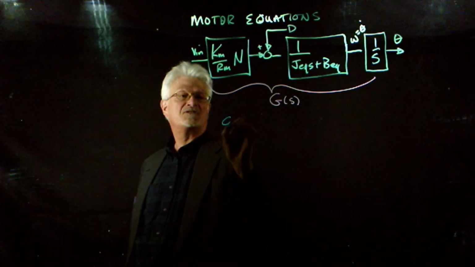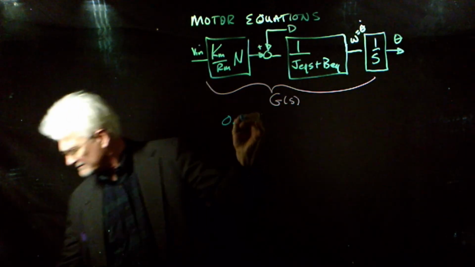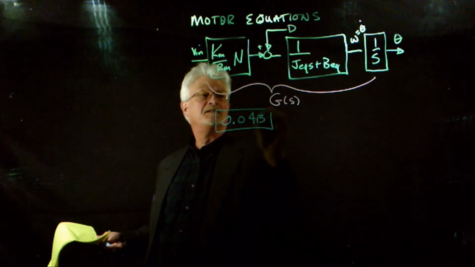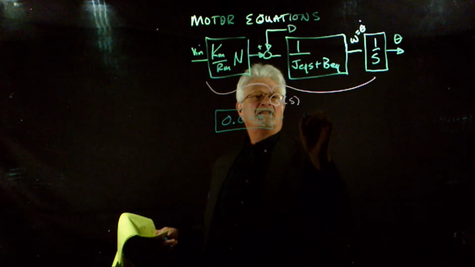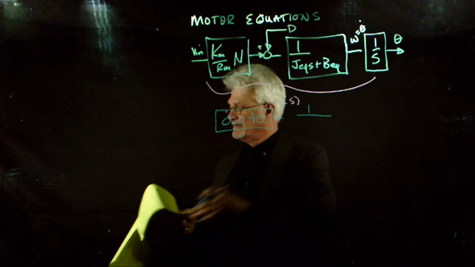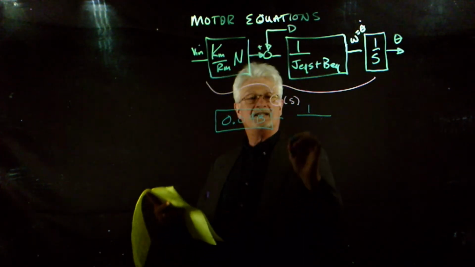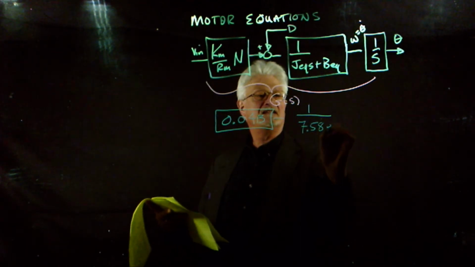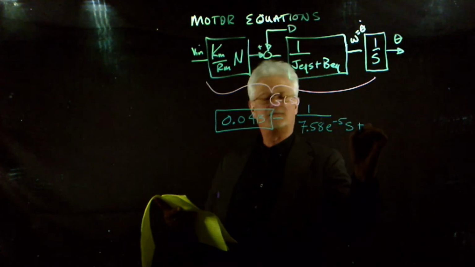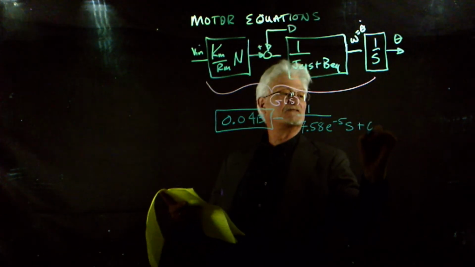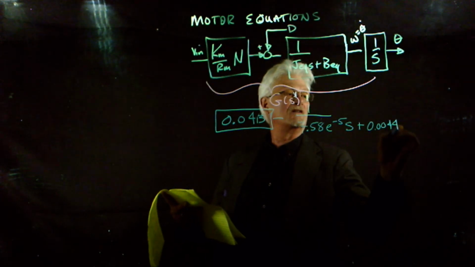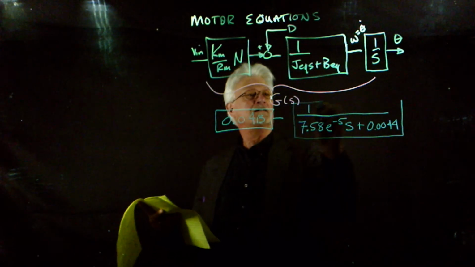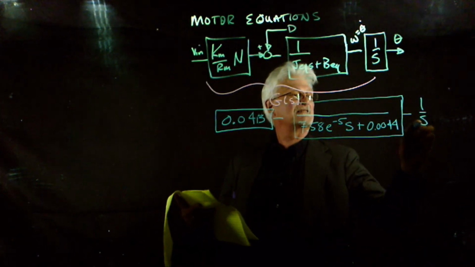I'm just going to do 0.413 over 7.58 e minus 5 s plus 0.0044. And then here's the 1 over s.